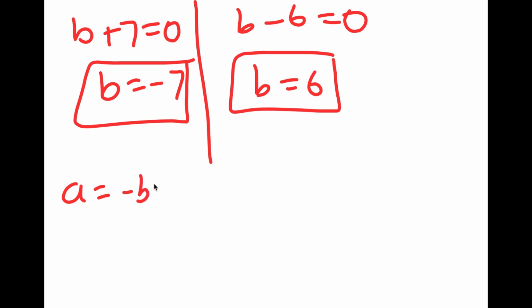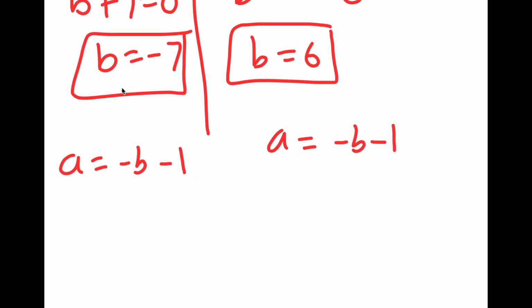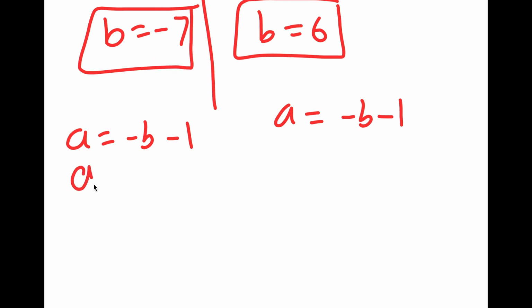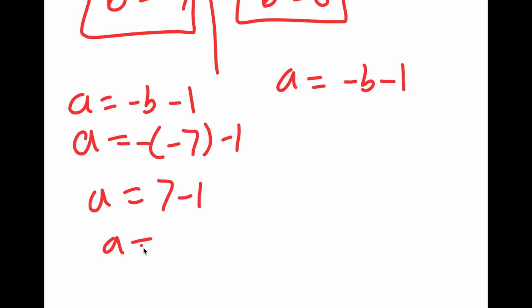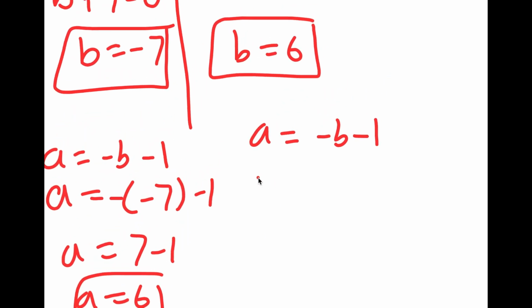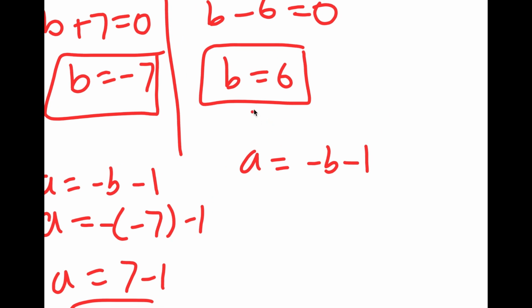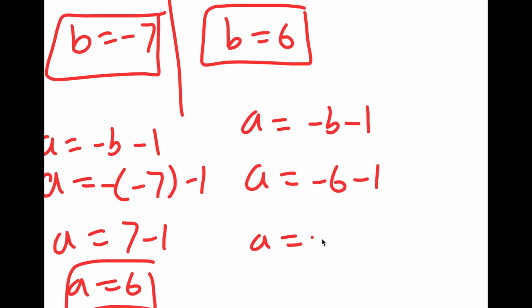So in the case of b equaling negative 7, I get a is equal to negative of negative 7 minus 1, meaning a equals 7 minus 1, meaning a equals 6. And in the case of b equaling 6, I get a equals negative 6 minus 1, meaning a equals negative 7.